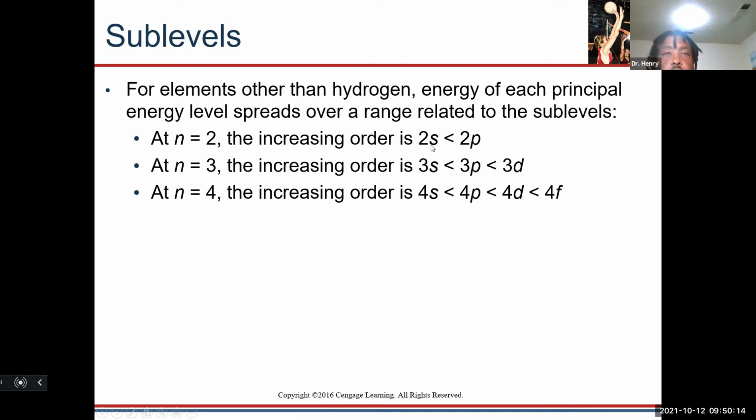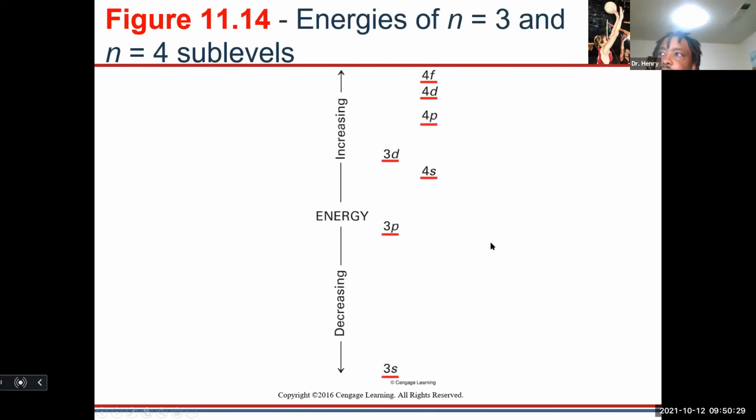The s is lower in energy than the p, and the p is lower than the d. So the 3s is lower than the 3p and lower than the 3d. We've talked about degeneracy already. You can see here's the 3s, the 3p, the 3d in energy, but the 4s is lower. So you fill up the 4s before you fill up the 3d.